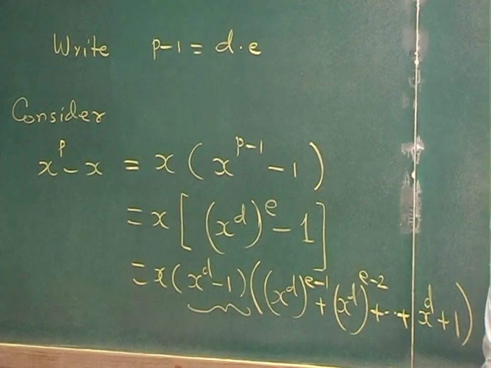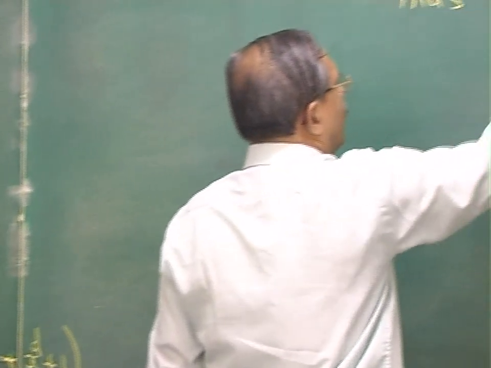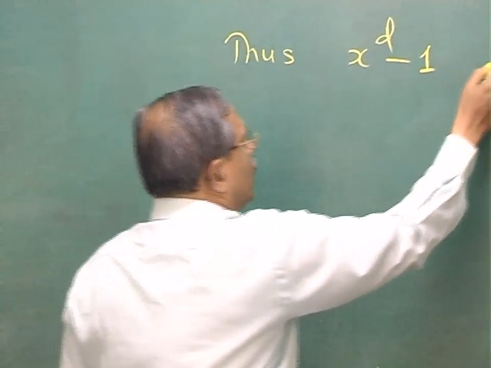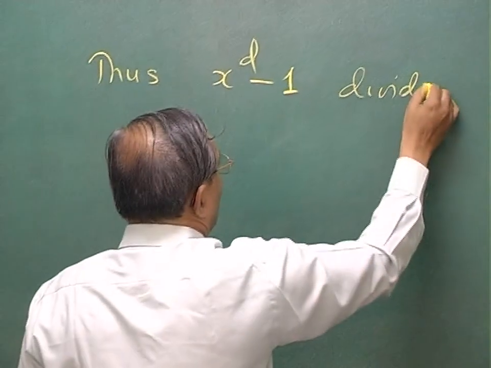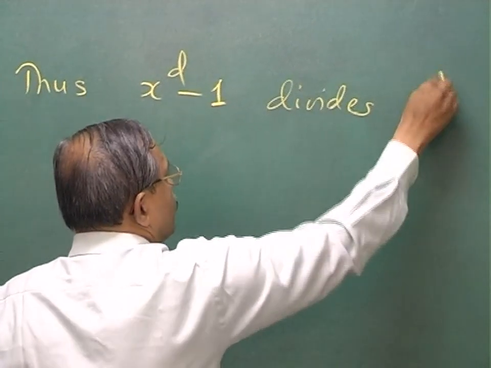Hence, thus x raised to d minus 1 divides x raised to p minus x.